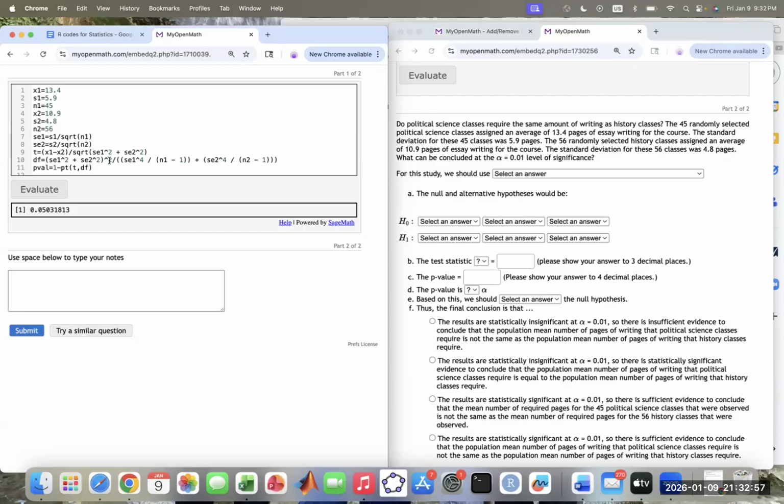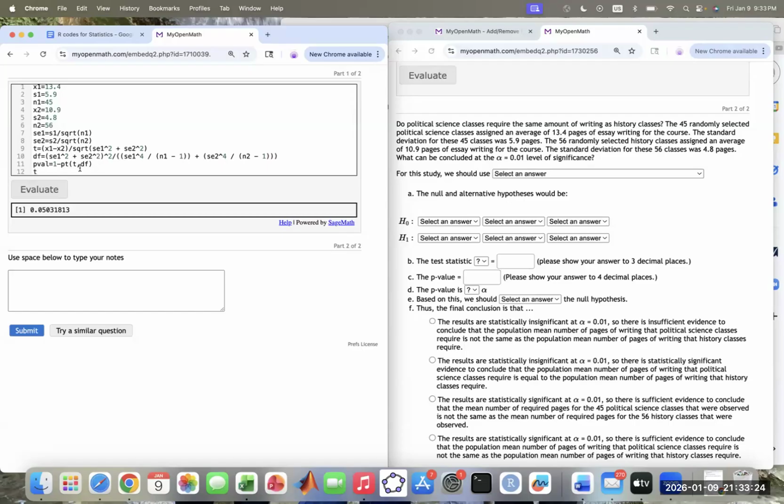Yeah. So in here, I will have the T. So again, you see this part right here. I will have X1 greater than X2. So therefore, over here, T would be positive, 13.4 and then 10.9. So T will be positive.